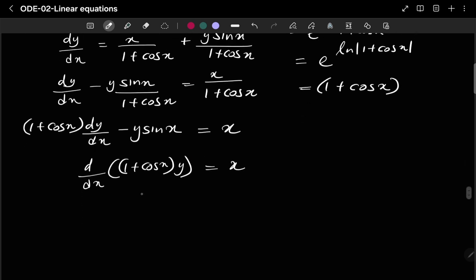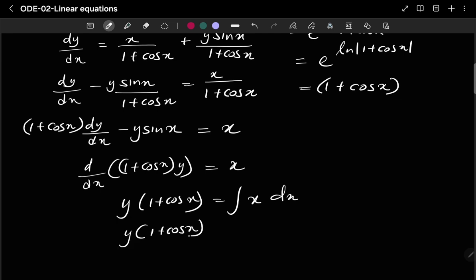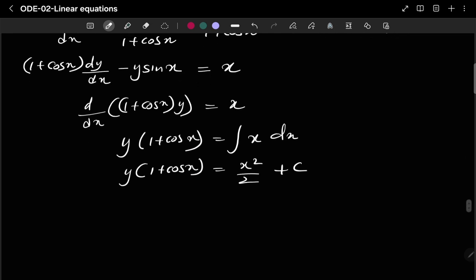By taking the integral of both sides, we have y times 1 plus cos x equals the integral of x dx, so y times 1 plus cos x equals x squared over 2 plus c, where c is an arbitrary constant. Here we can take the solution y equals 1 over 1 plus cos x times x squared over 2 plus c.